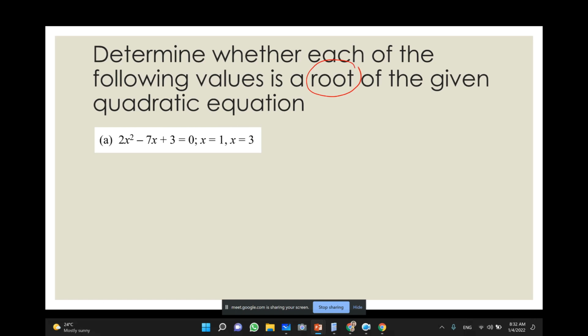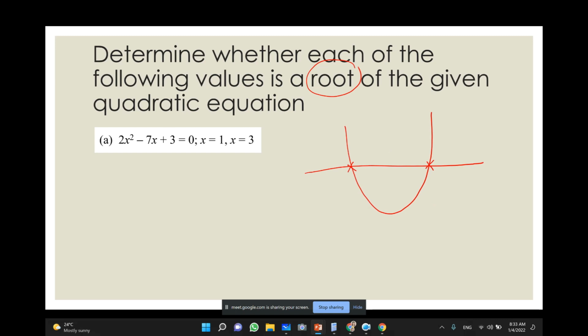If you want to find out whether a point lies on the straight line, you just need to substitute the value into the equation and check whether it is the same as the number on the right. So same thing when you have a quadratic function, you just need to check whether the root satisfies the equation or not. So we are going to solve this together here.